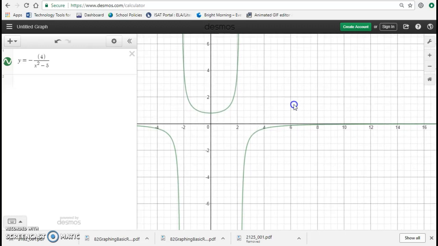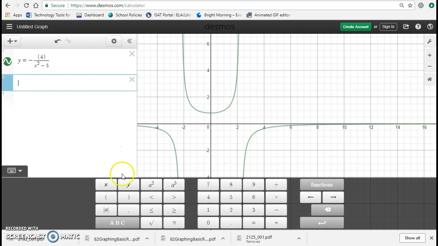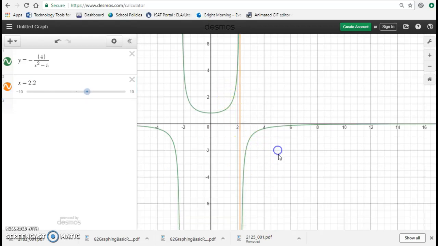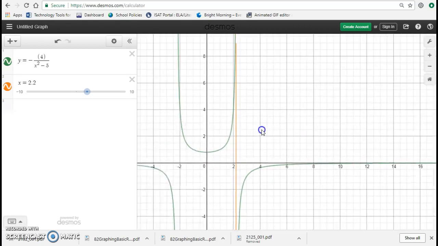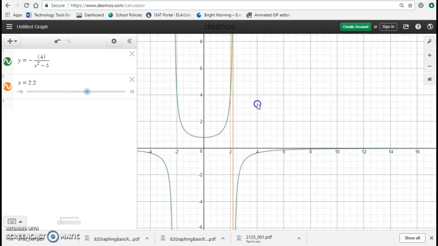So now we've got to find the asymptotes. Okay, so it looks like there's an asymptote somewhere around here. So what I'm going to do is I'm going to type in x equals, and I'm going to guess this asymptote, and I think it's like 2.2. Okay. Now that's not perfect, but that's really good, isn't it? It's like the asymptotes right there.